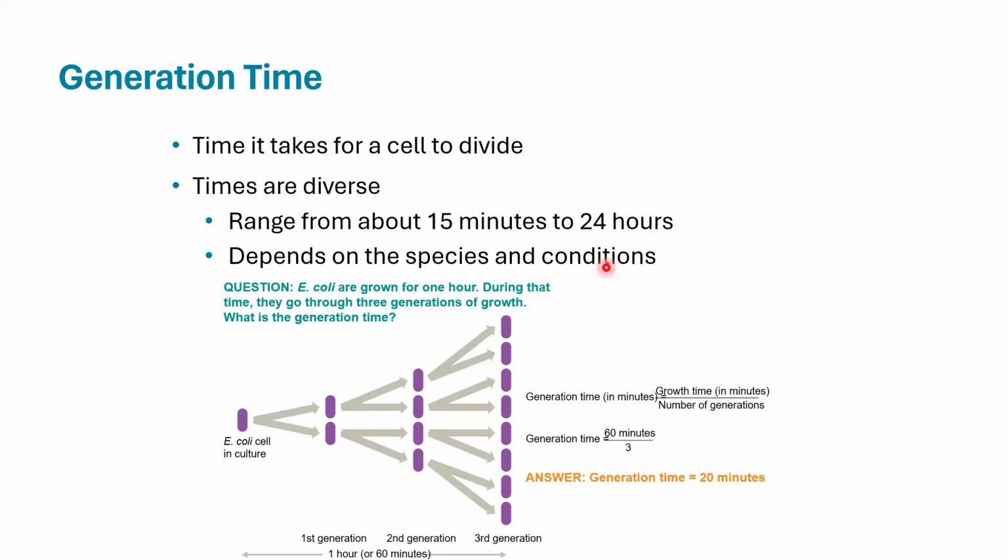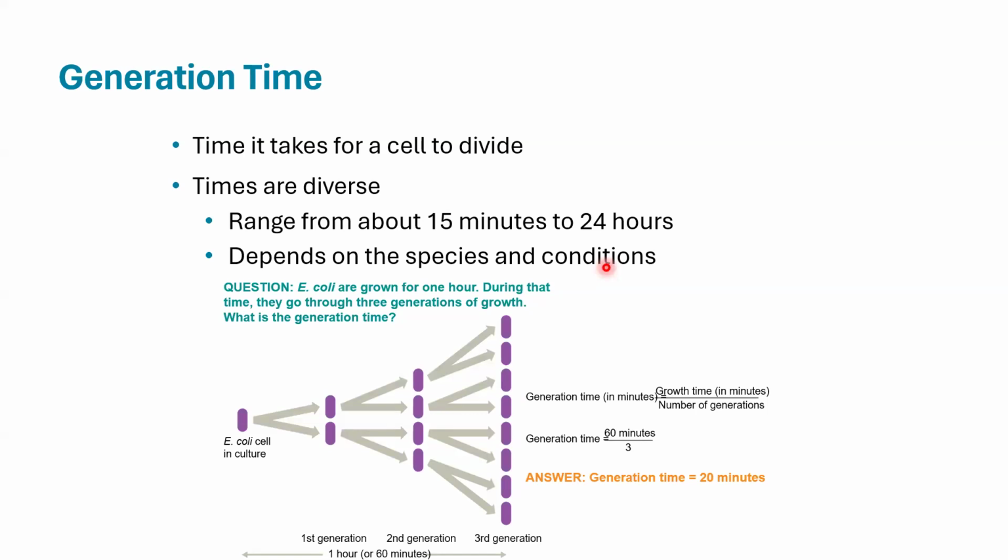For example, under ideal growth conditions, ideal temperature, pH, oxygen, nutrients, etc., E. coli can divide in approximately 15 to 20 minutes. Some species of Mycobacterium, that is the organisms that cause stuff like leprosy and tuberculosis, may take 24 to 48 hours to have a full cell division.